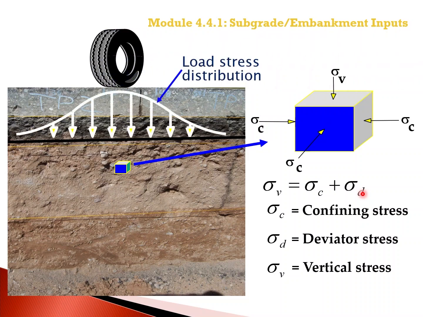So when a wheel load is applied to the pavement surface, the stress state under the pavement and in the subgrade and embankment layer needs to include the vertical and lateral stress imposed from a wheel load to the in-place or at-rest vertical and lateral stresses combined. So we're combining the wheel load stresses with the at-rest stress state condition to define the total stress state for estimating the design resilient modulus.